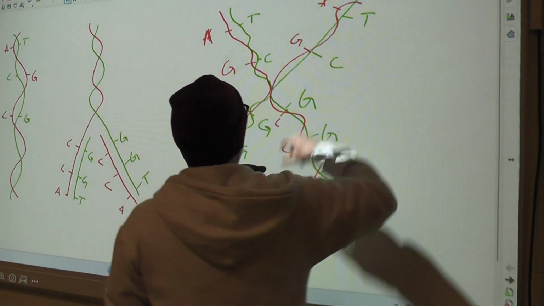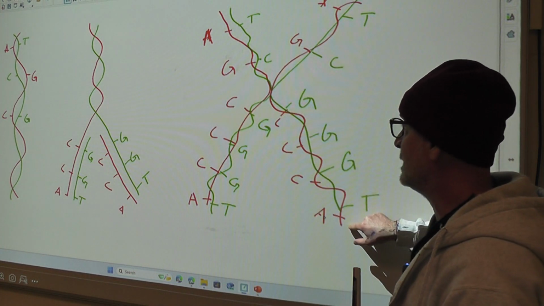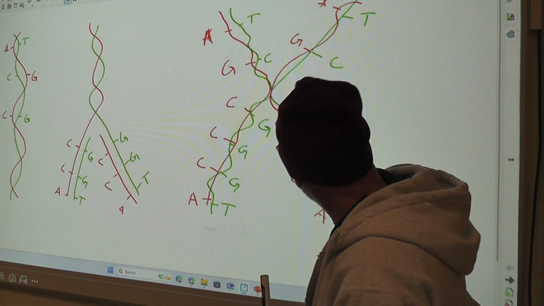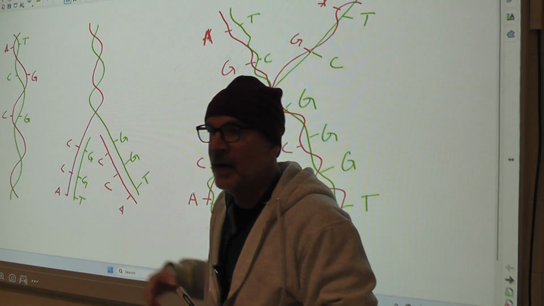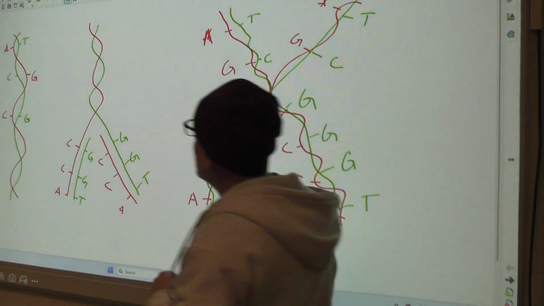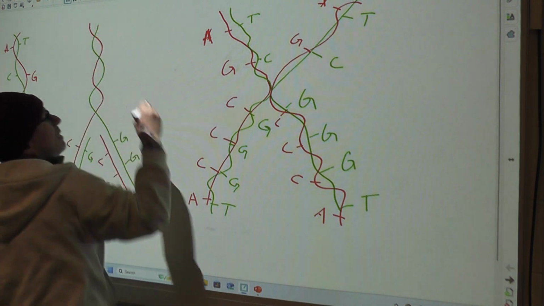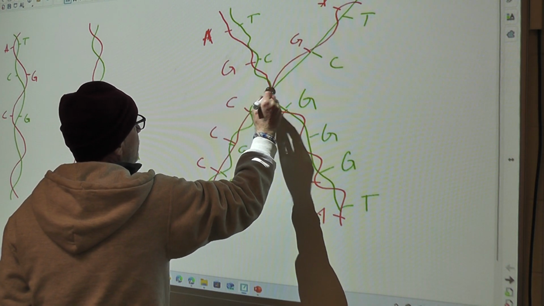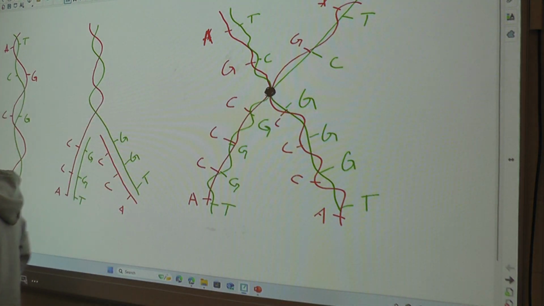It's also the same as this chunk of double-stranded DNA, one piece of which was the original, and one piece of which was newly added on, and they're connected. They're connected generally somewhere near the center. And what ends up happening is we start with one piece of double-stranded DNA that consists of two complementary single strands of DNA.